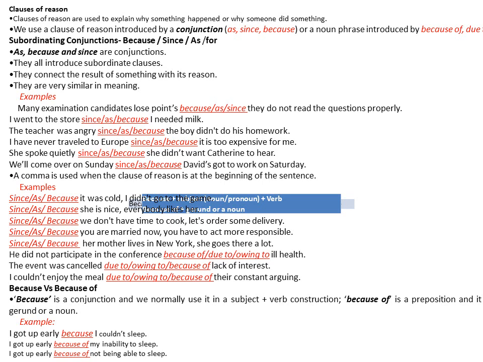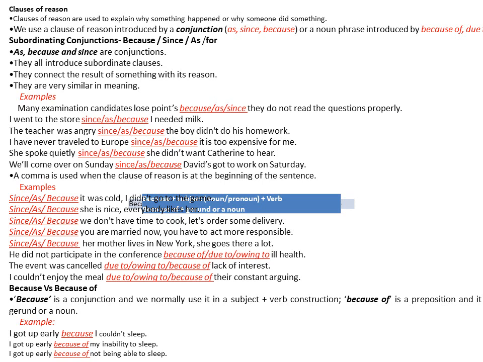The fourth example: we will come over on Sunday since, as, or because David has to work on Saturday. Here a comma is used when the adverbial clause of reason is at the beginning of a sentence. Example: since, as, or because it was cold, comma, I didn't go to work.